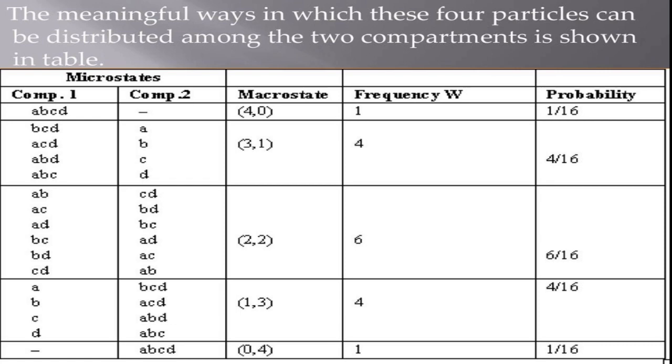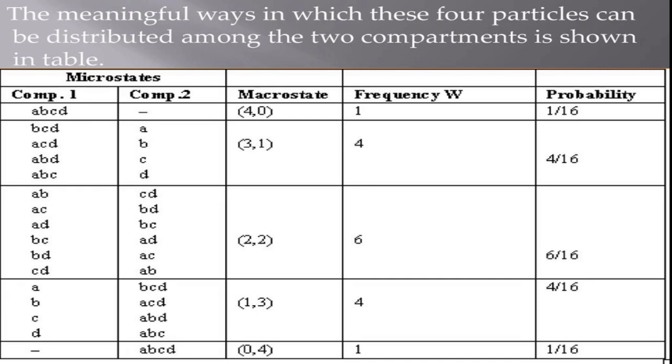Similarly, A, C and D in compartment 1 and particle B in compartment 2. Under this combination of three particles in compartment 1 and one in compartment 2, we have four distinct arrangements as shown in the image, and these four distinct arrangements combine to give a single macrostate 3,1, signifying that three particles are lying in compartment 1 and one particle is lying in compartment 2.